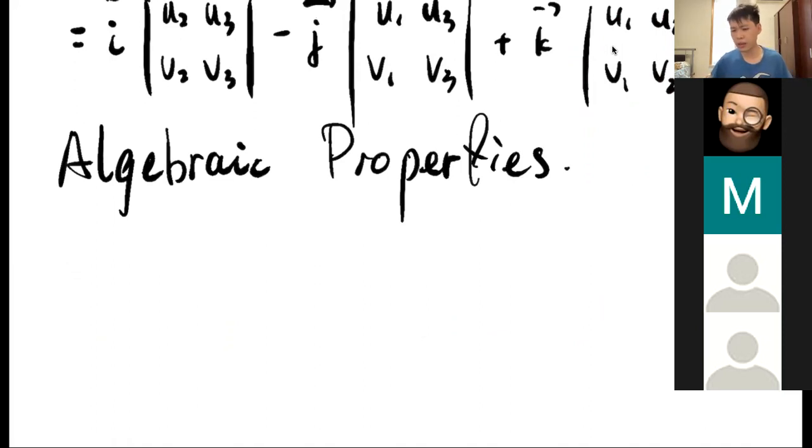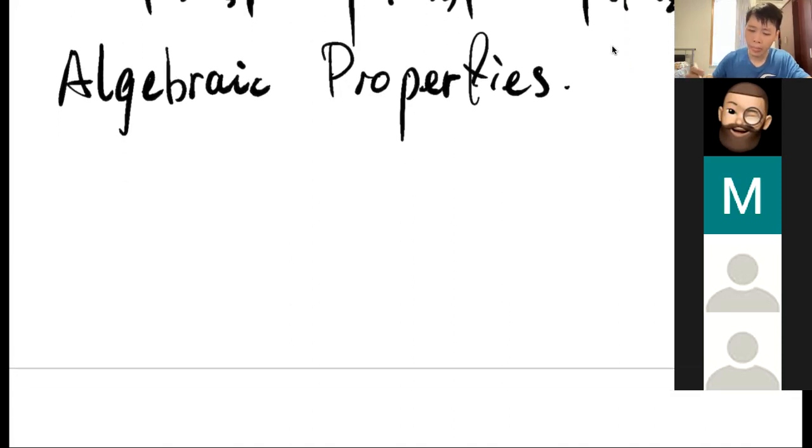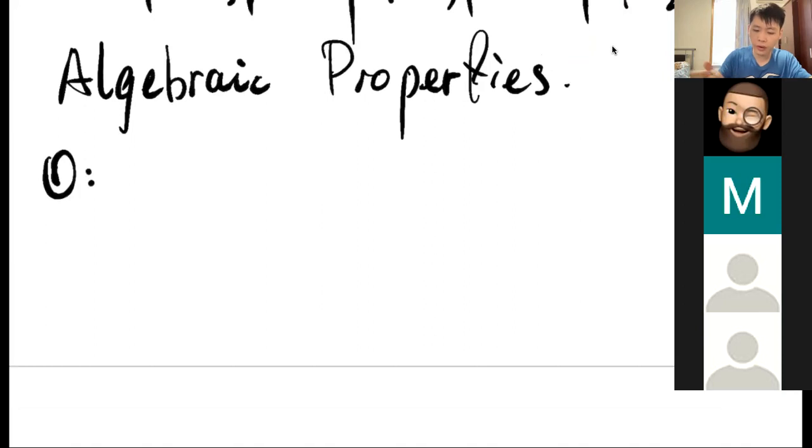I think that requires some matrix algebra as a prerequisite, which I don't want to go into in detail. First of all, the cross product is not symmetric. However, it is anti-symmetric. So when you switch the order, you get the opposite. You get the negative, actually.